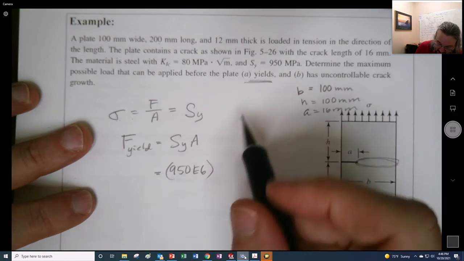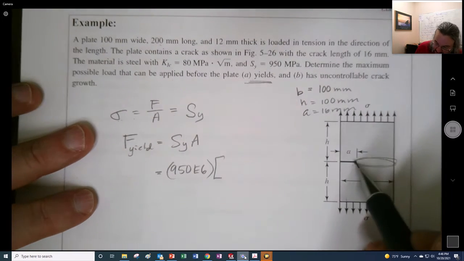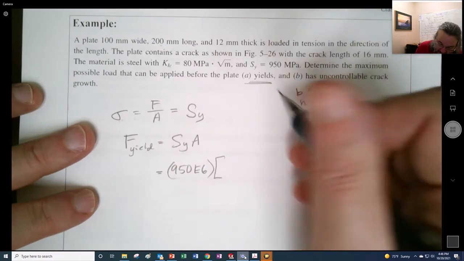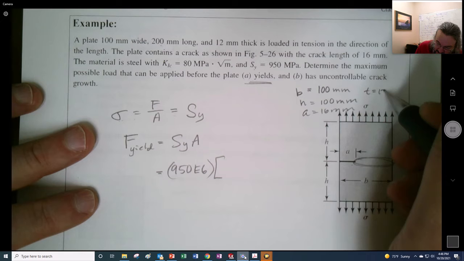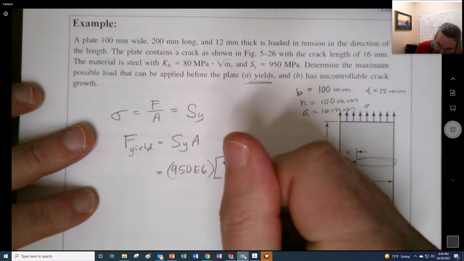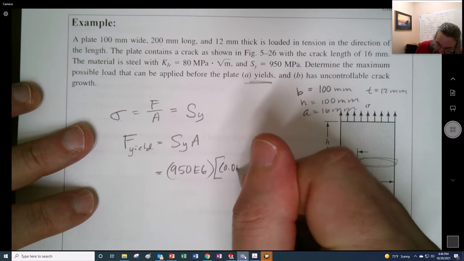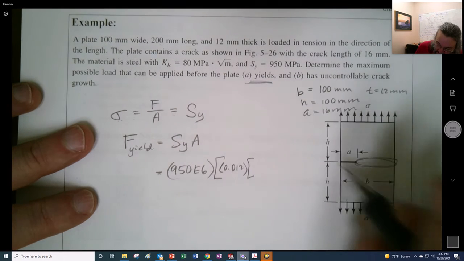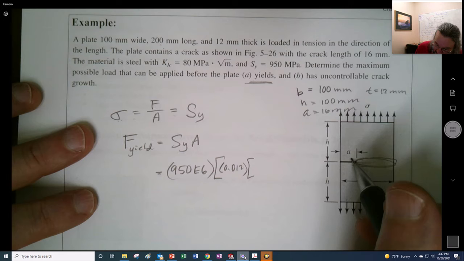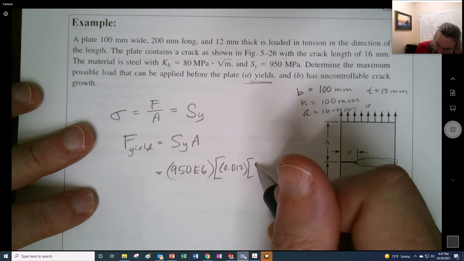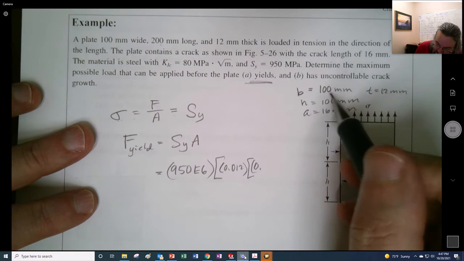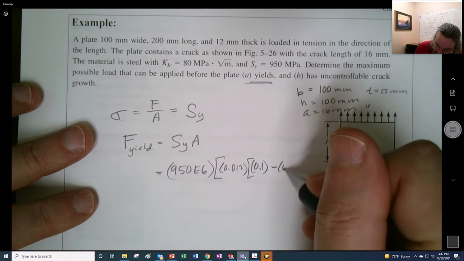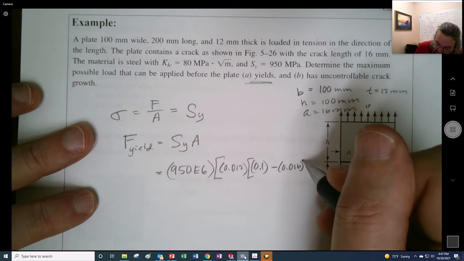the area that's going to be left over is going to be first the thickness. The thickness is 12 millimeters thick, so T is equal to 12 millimeters. So we're going to have the thickness, 0.012, times what's left over right here, which is B minus A. So we'll say 0.1 minus 0.016.